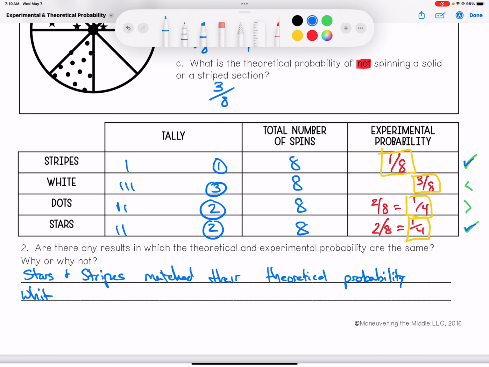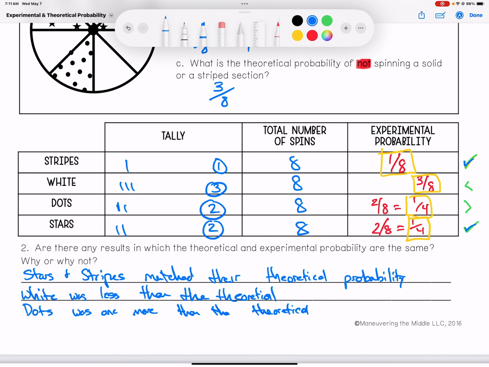White was one less than the theoretical, and dots was one more than the theoretical.